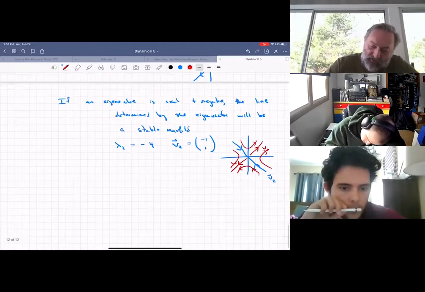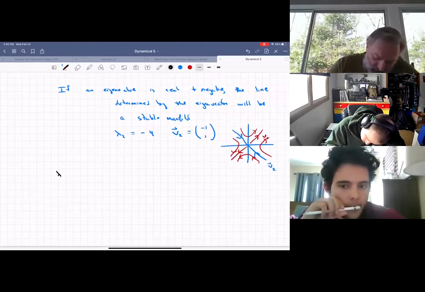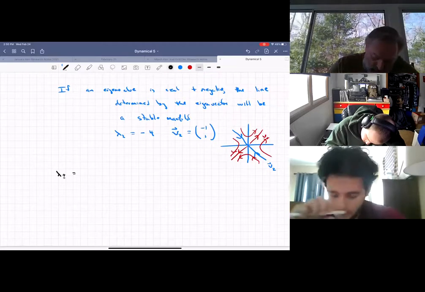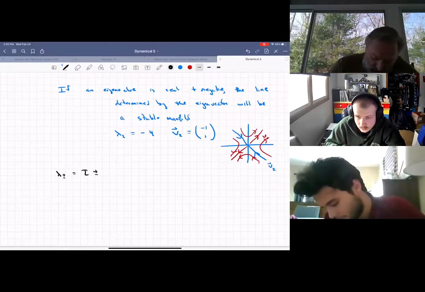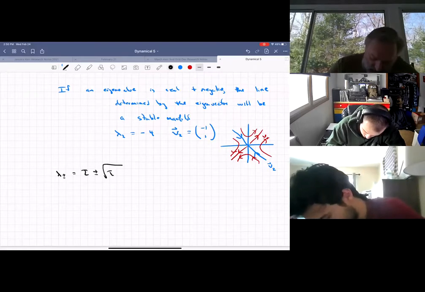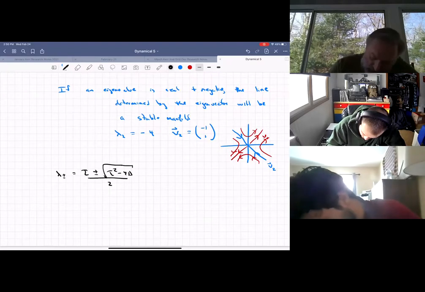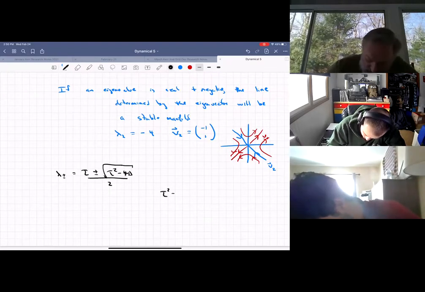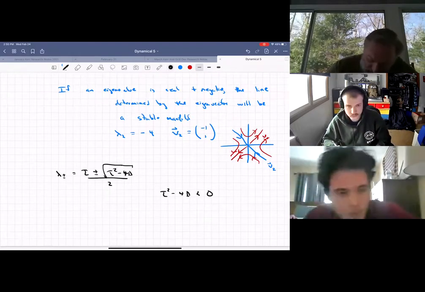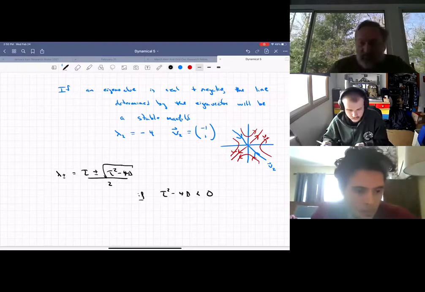But now let's go back to our formula for the eigenvalues. The trace plus or minus the square root of trace squared minus 4 delta, over 2. So now the trace squared minus 4 delta, what happens if that is 0 or less than 0?